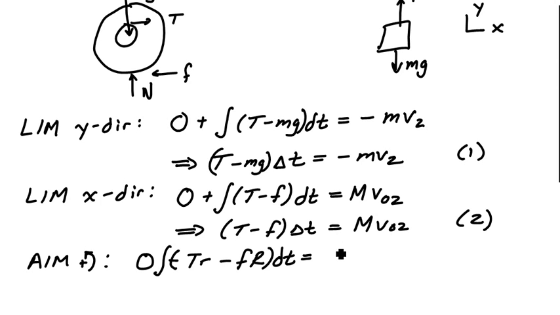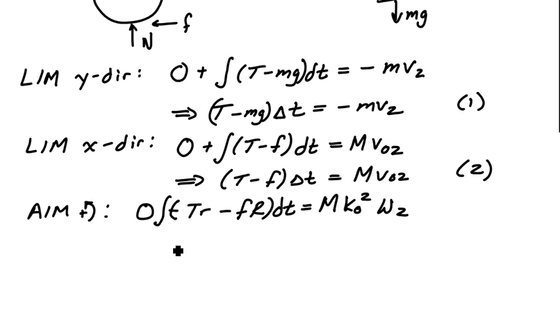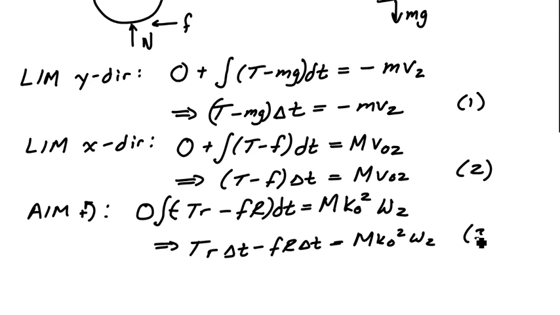That's going to equal I about O, which for the spool is going to be the mass, capital M, times k0 squared, times what we'll call omega 2. Again, I can expand the integral here, and so I can rewrite this as T times r times delta t minus F times R times delta t is equal to M times k0 squared times omega 2, and we can call this equation 3.